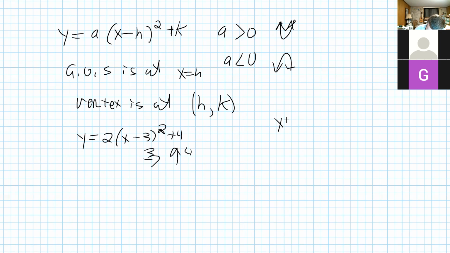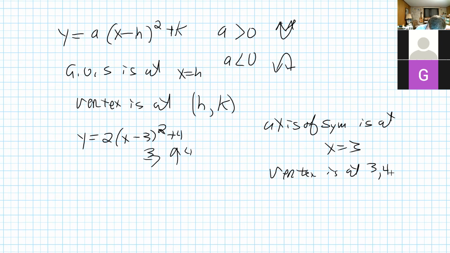The axis of symmetry is at x equals 3, and the vertex is at 3 comma 4. In general, this is x equals h, and this is h, k.